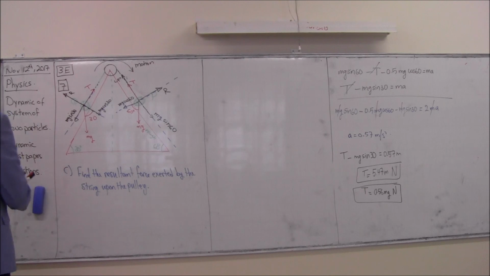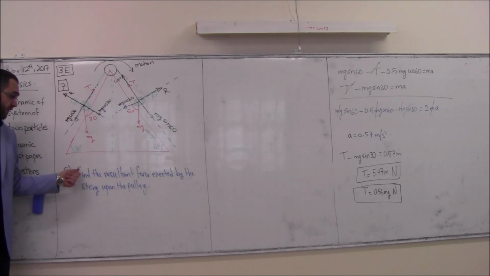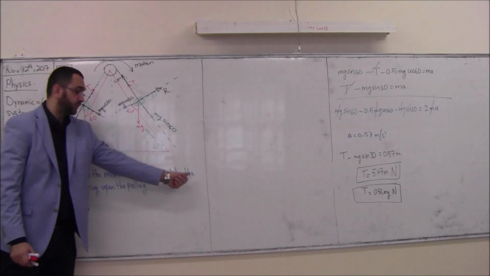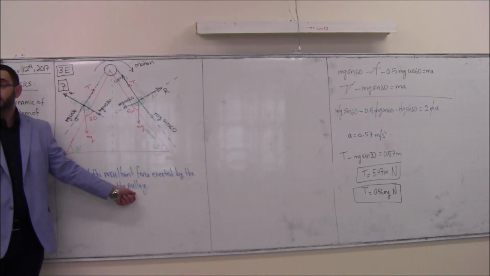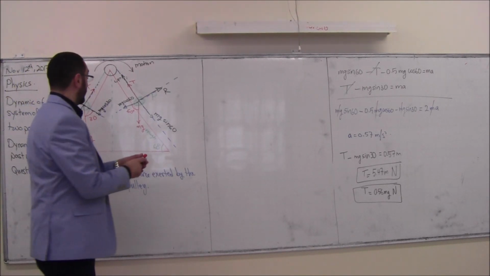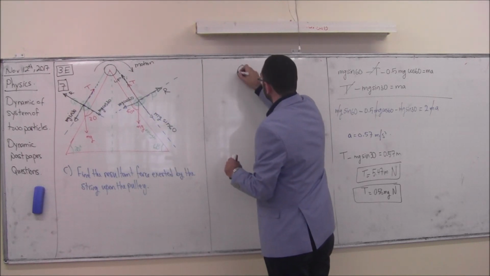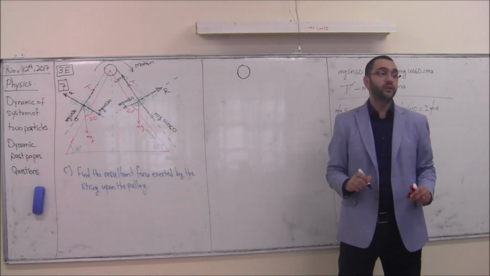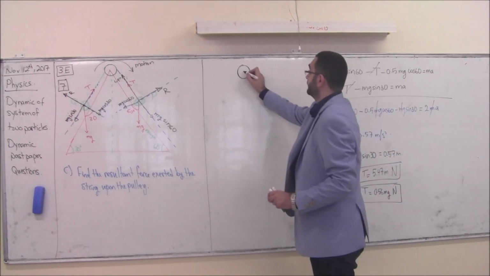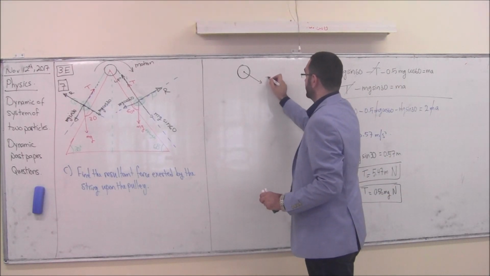Find the resultant force exerted by the string upon the pulley. For the pulley, if you remember, guys, look here, please. For the pulley, the tension now becomes in this way.